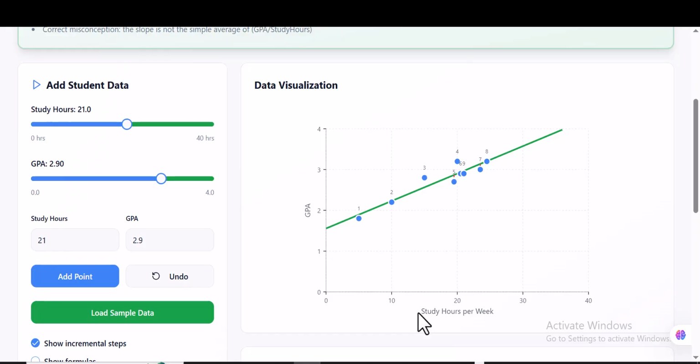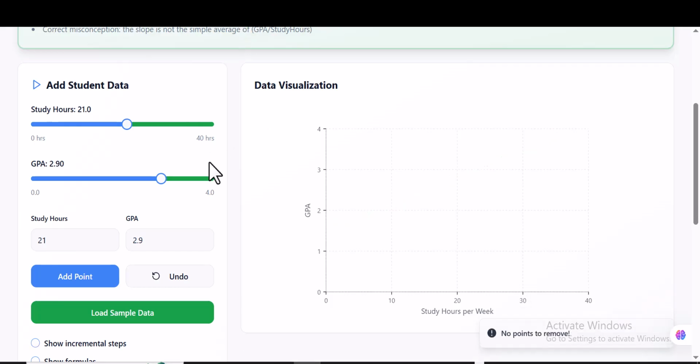So we can say that study hours might have an impact on the GPA. If a student is giving more time to his studies, we can assume that the CGPA of this particular student will be higher as compared to a student who is giving less time to the study hours. So in this way, we can build a model to see how we can establish this relationship and how we can develop the causality of these two variables.